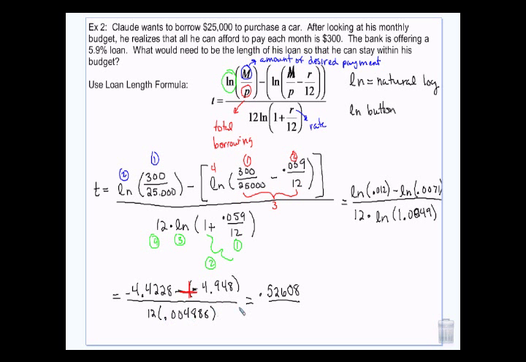And when I multiply this times 12, I get 0.058656. And then I divide. And I get 8.9 stuff, so we're going to say 9 years.